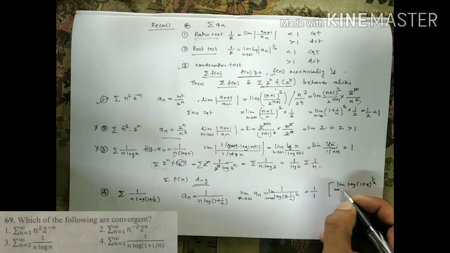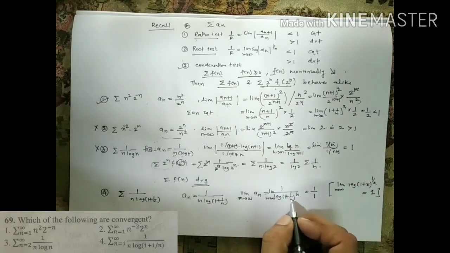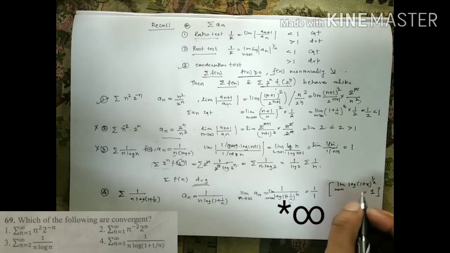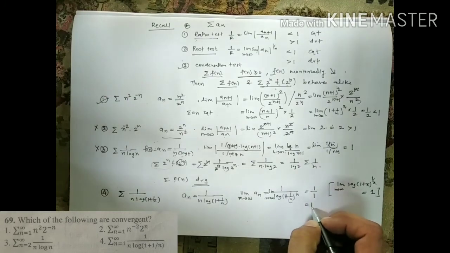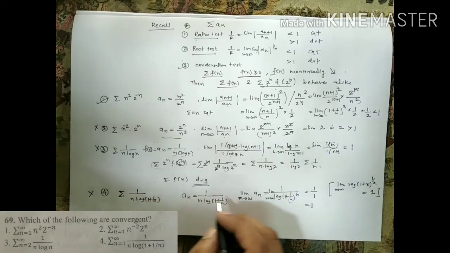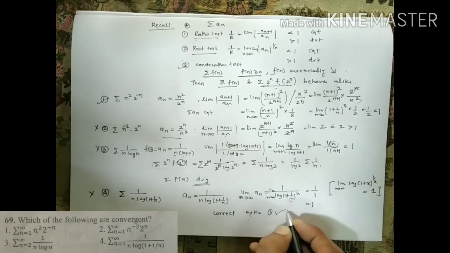You have seen this limit, and this is always 1. Again, 1 by n, if n approaches infinity, then this is going to be 0. So this is the same formula, so I am going to get 1. So the necessary condition fails here, so this also diverges. Okay, so the only correct option is the first one. Okay, thank you.